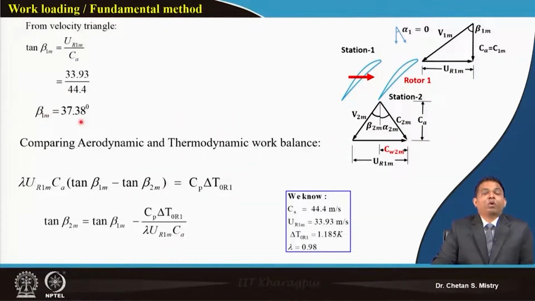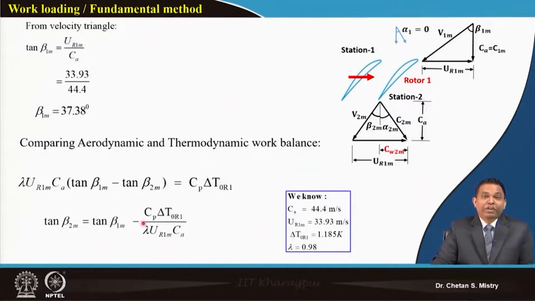Now, we will compare our aerodynamic work and thermodynamic work. You must understand that we are looking for the calculation of the outlet condition. So, putting it down, my work done factor into U Ca (tan beta 1 minus tan beta 2) is nothing but my aerodynamic work, and this is my thermodynamic work, Cp delta T0.